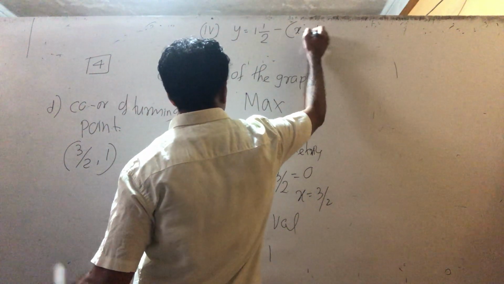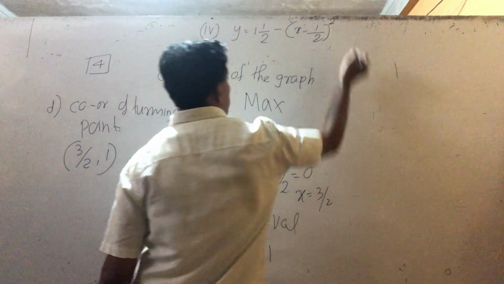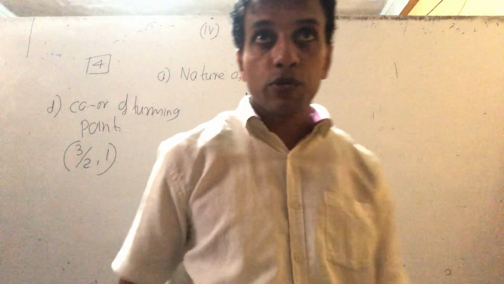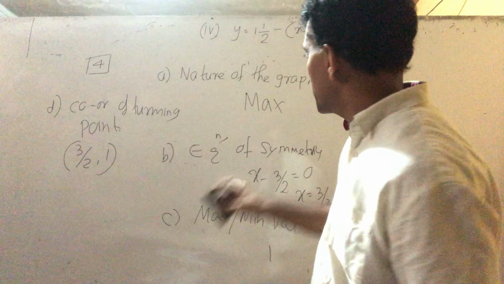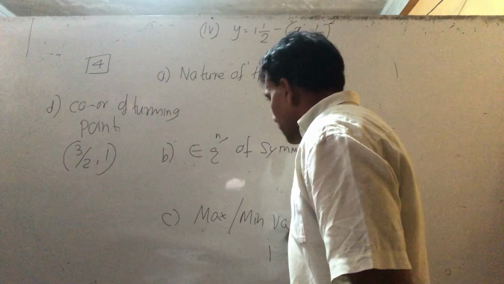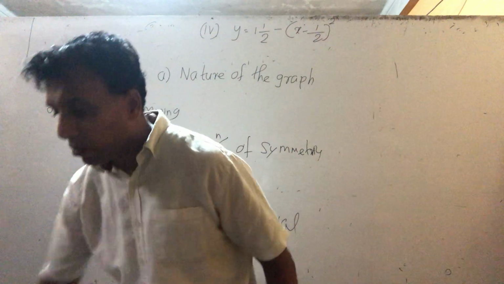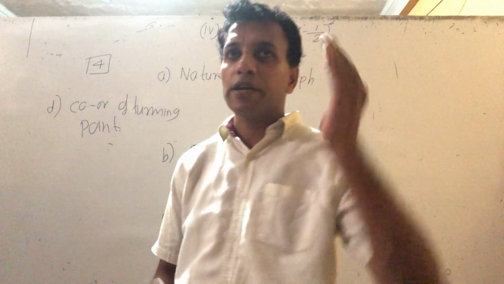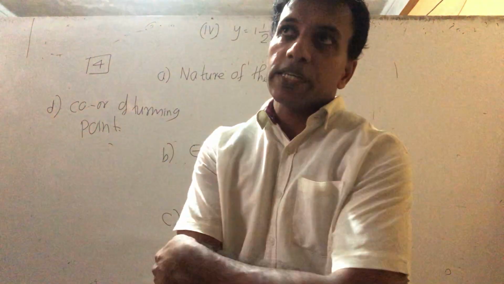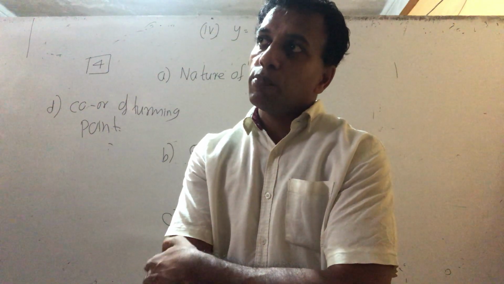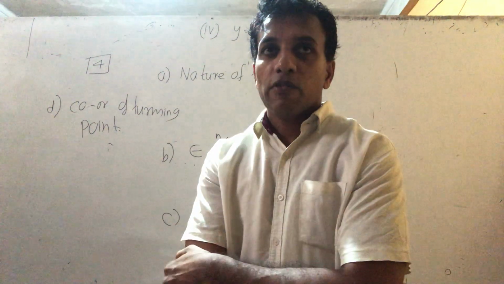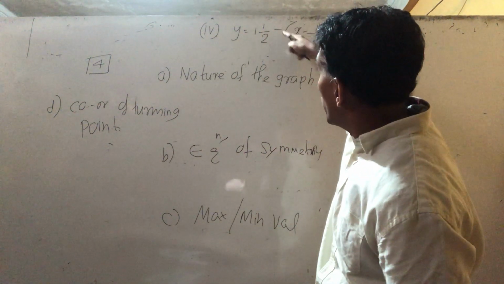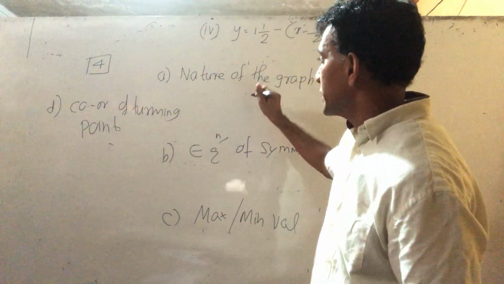The next equation: y equals 1.5 minus (x minus half) squared. So simple, because all these previous four problems are completing square parts, so you can quickly answer such parts. But here, good experience: if you work many problems, mathematics means problem work, 100 questions in each and every compulsory problem in the O-level paper, then simply you can get high results, an A pass for mathematics. So nature of the graph: in front of x square there is a minus, so maximum.